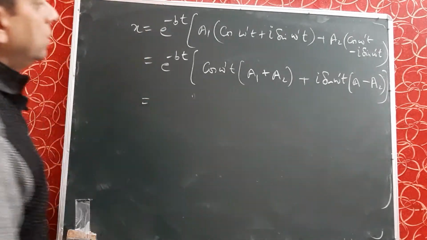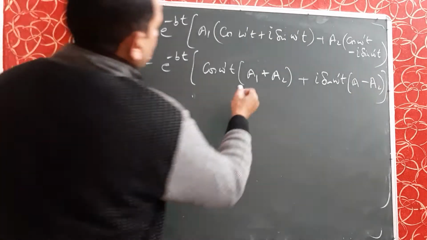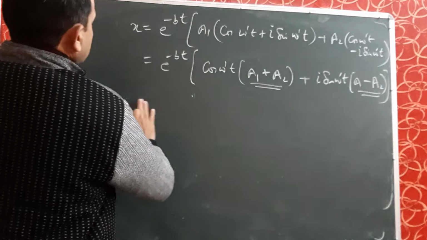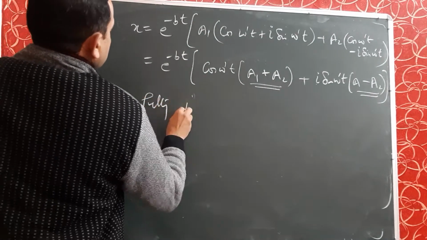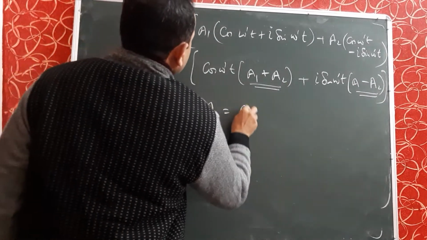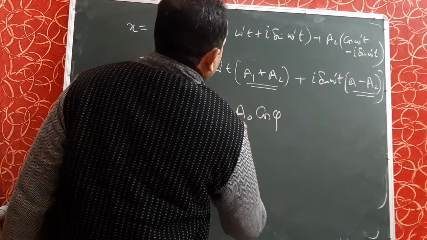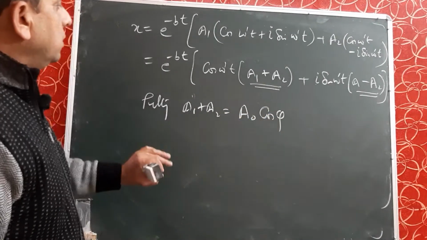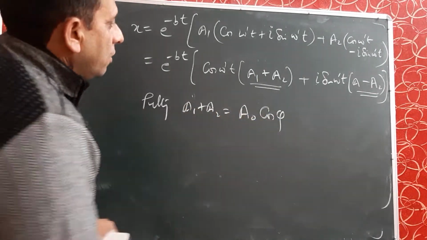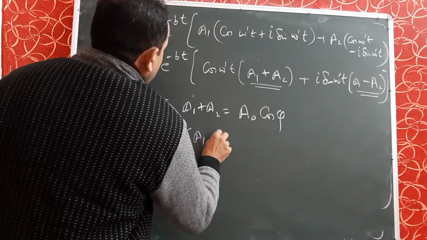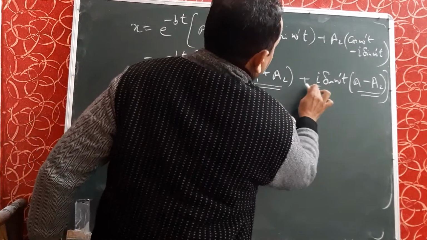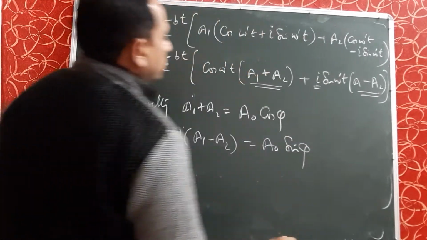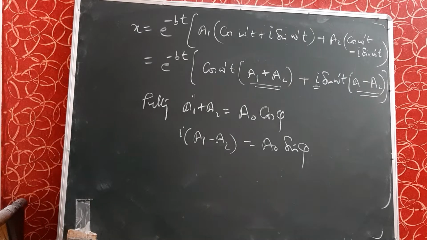Now, we may replace these constants a1 plus a2 and iota times a1 minus a2. So, I put a1 plus a2 as a naught cos phi, and iota into a1 minus a2 as a naught sin phi, where phi is the phase difference, or phase, and it is a constant.